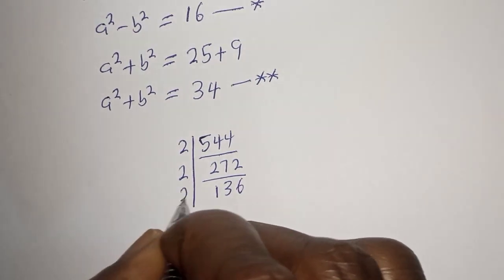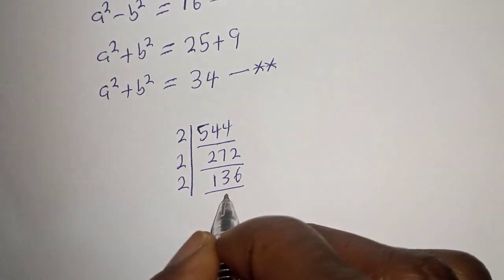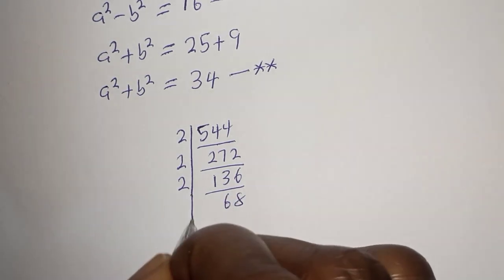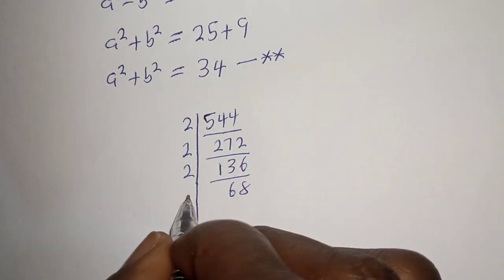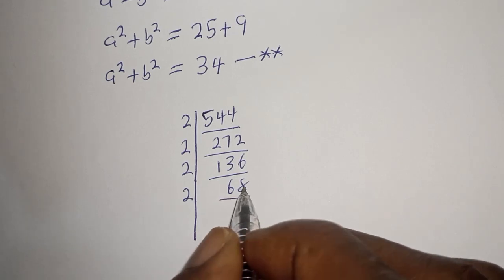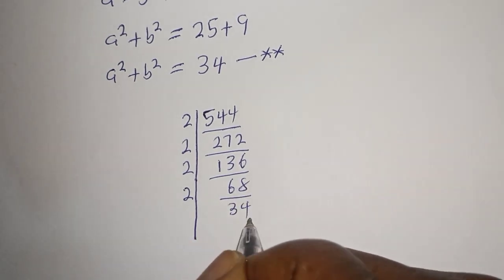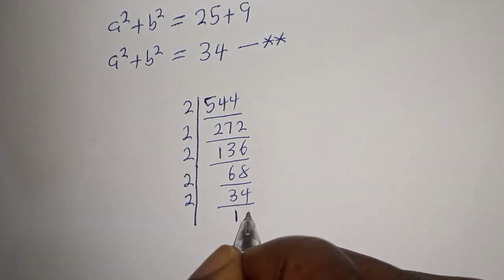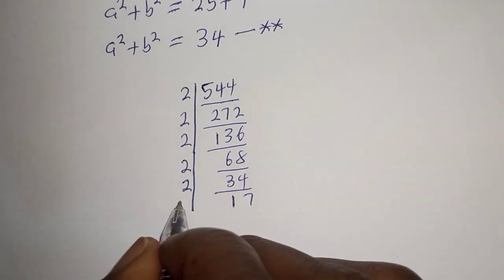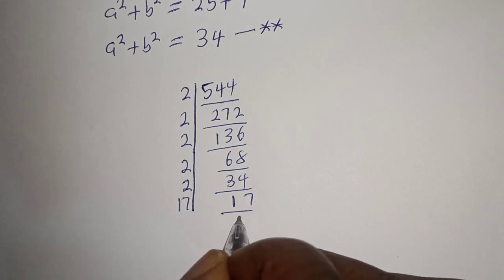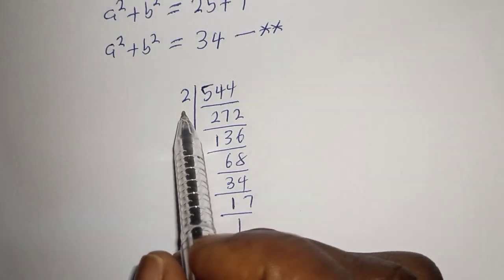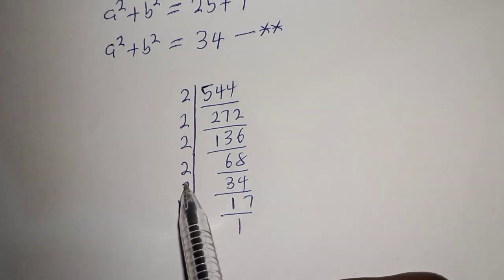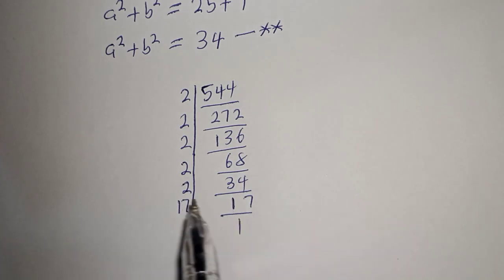And if you divide by 2, we have 68. Then if you divide by 2, we have 34. And if you divide by 2, we have 17. Then divide by 17, we have 1. So this is 2 times 2 times 2 times 2 times 2 multiplied by 17.